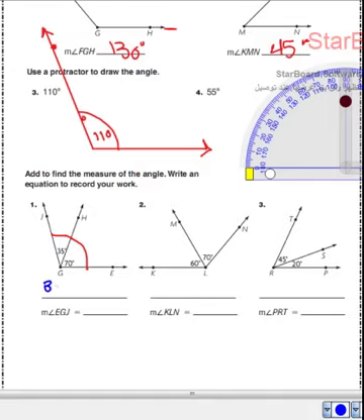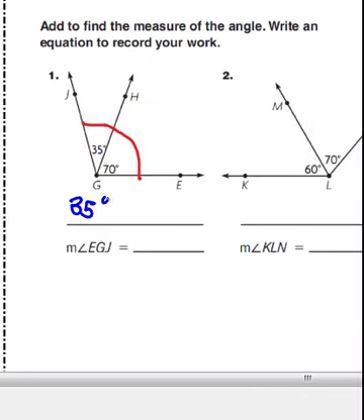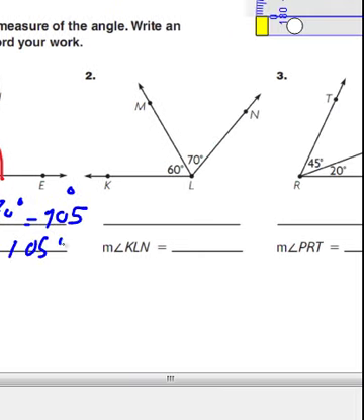The first measure is exactly 35 plus 70 degrees equals, excellent, 105 degrees. So the measure is 105 degrees. The second one, the same way: 70 plus 60 to get the measure of angle KLN.